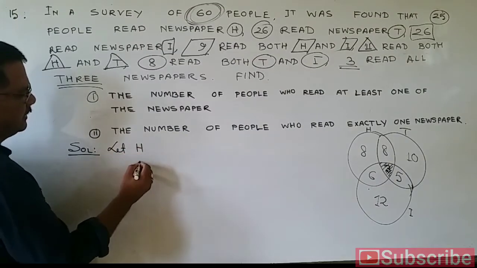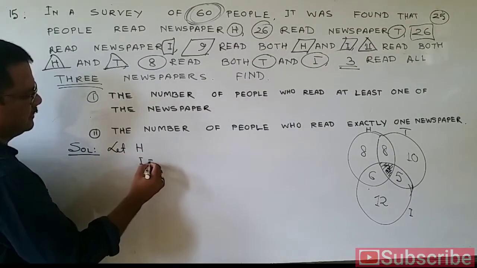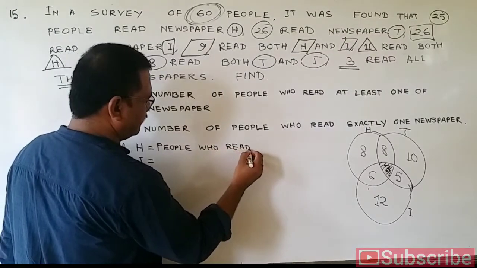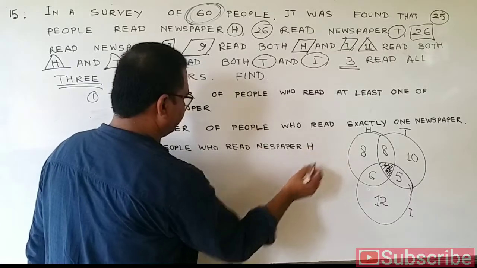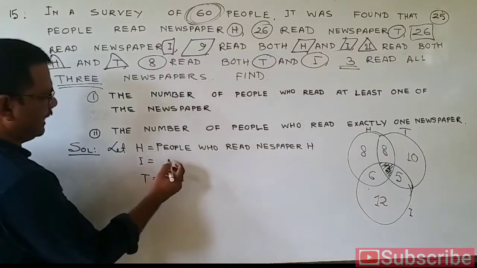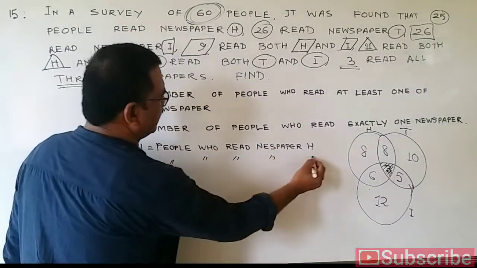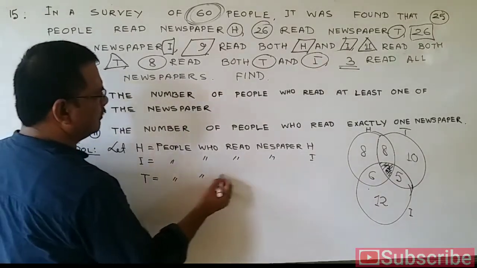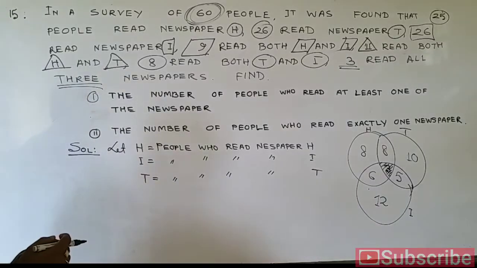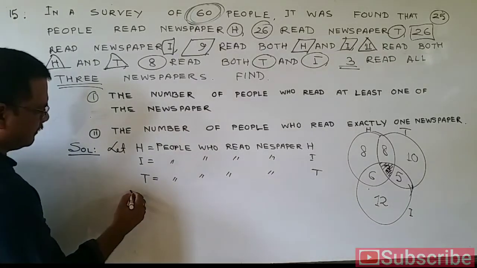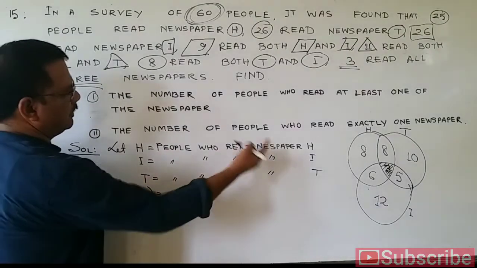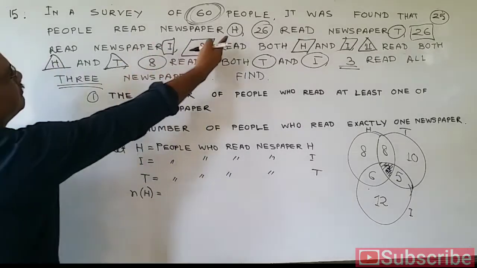Now the formula method. Let H, I, T be the 3 sets I have considered. H, people who read newspaper H. I, people who read newspaper I. T, people who read newspaper T. So these 3 sets I considered, and then what is given? Number of people in set H, that is 25.